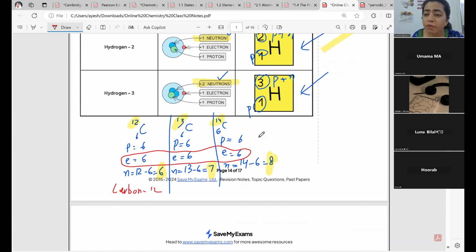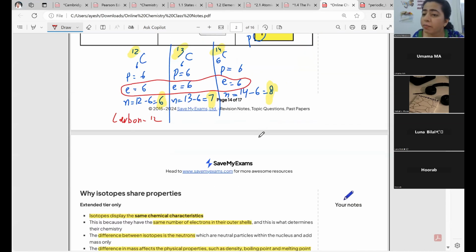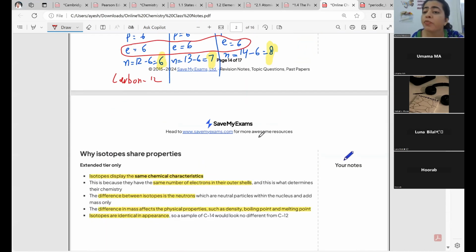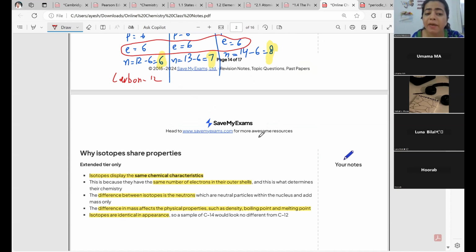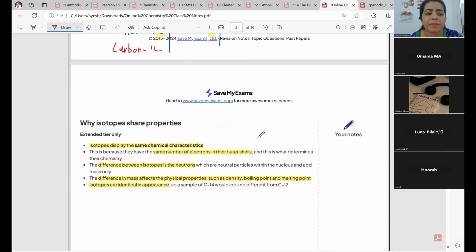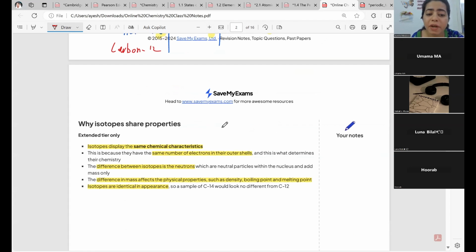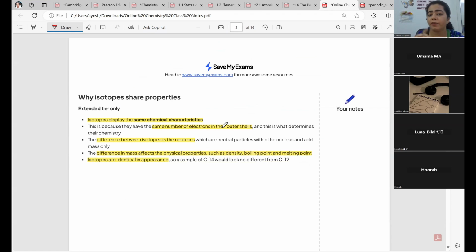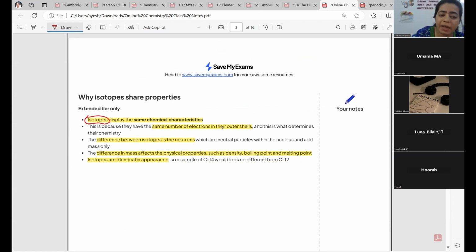So if two atoms or three atoms have the same number of electrons in the outer shell, it means they have the same chemical properties. Remember this line: chemical properties only depend upon the number of outer electrons. So all the isotopes of one element have the same chemical properties. Why? Because they have the same number of electrons in the outer shell.